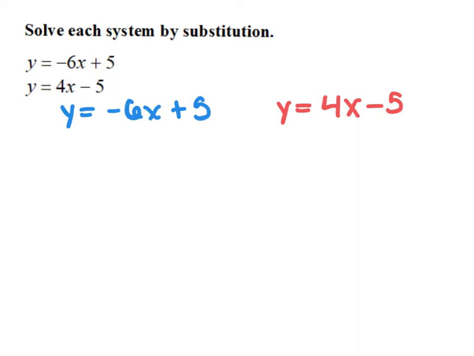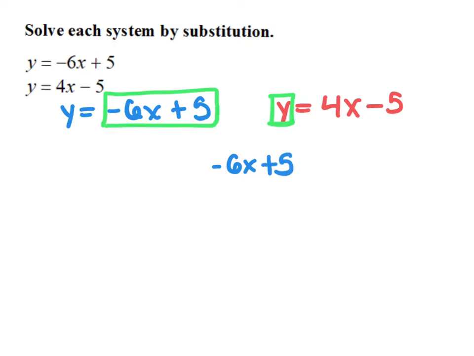So I'm going to choose to substitute this first equation in for y in the second equation. So if I rewrite this, I'll have negative 6x plus 5 equals 4x minus 5.